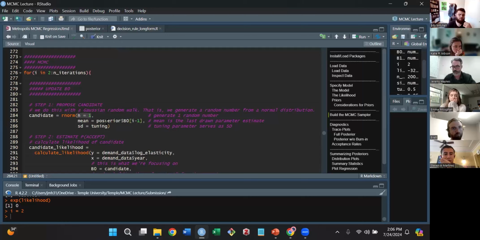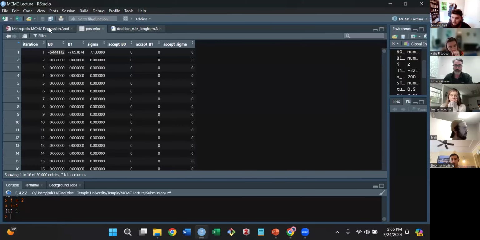The mean of that distribution is based off of the previous sample value. Since i is 2, we're basically just going to pull this parameter value from the first iteration of the posterior.